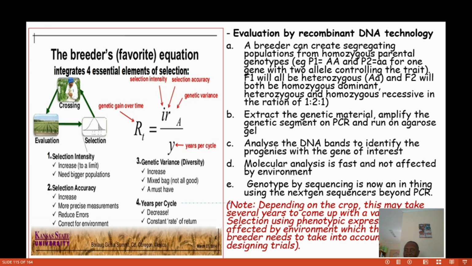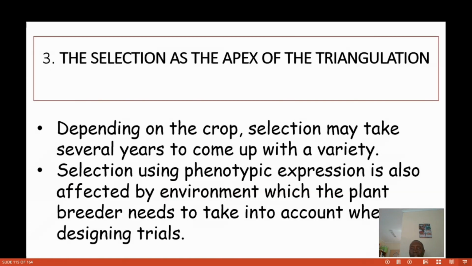Then genotyping by sequencing is now an in thing, using the next-gen sequencers beyond PCR. Now, that is the plant biotechnology part of it. But let's get to selection as really the major part of the triangulation.